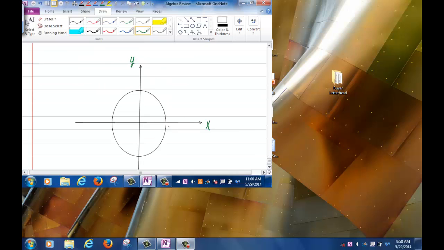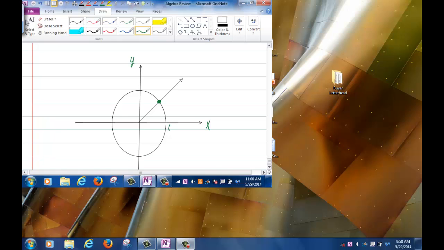This is a unit circle. Let me try to make a 45 degree angle here. Does that seem like about 45? I'll say it's 45, okay.